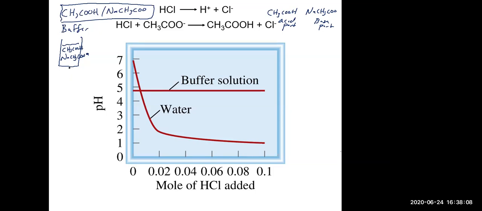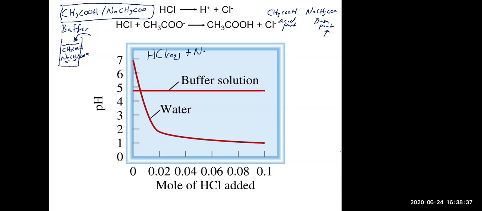So let's do the exact same thing as what we did previously. Let's take our HCl and add it to our buffer. When I take HCl and add it to the buffer, it's going to react with the base part of the buffer, right? Because that's why they're called acid-base reactions. So the HCl, when I dump it into this buffer, is going to find the sodium acetate and react with it.